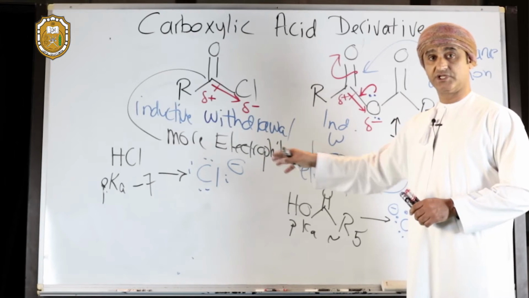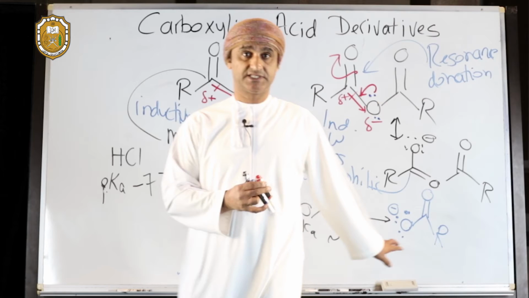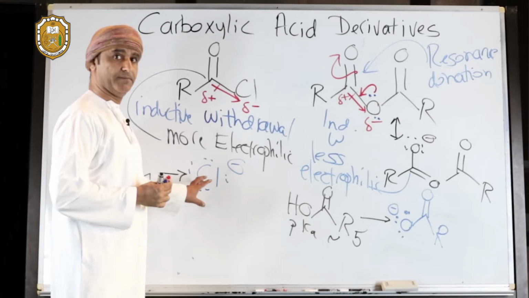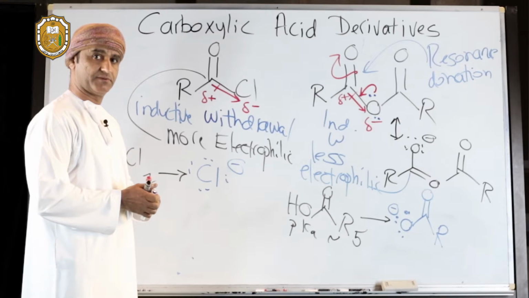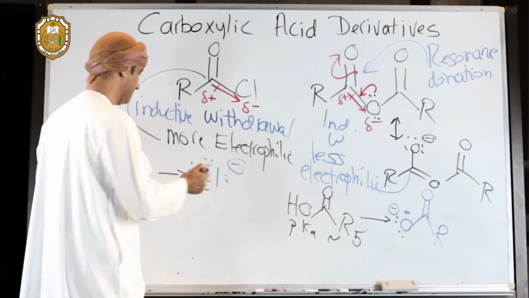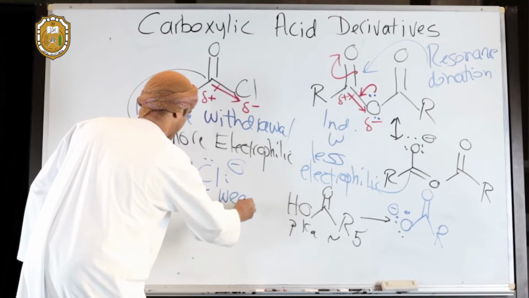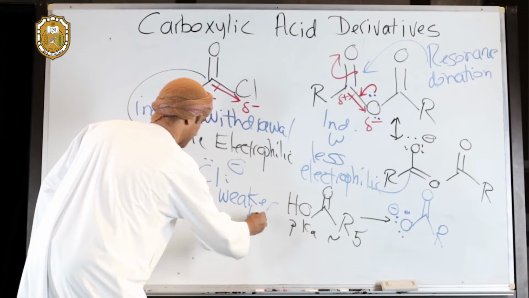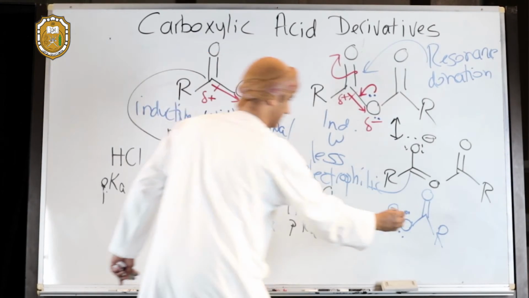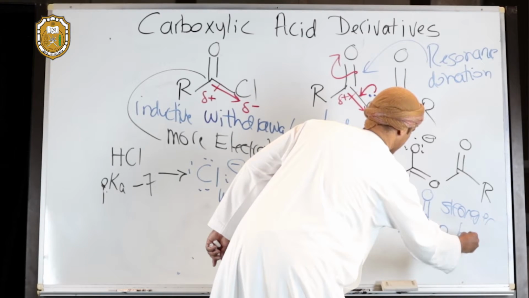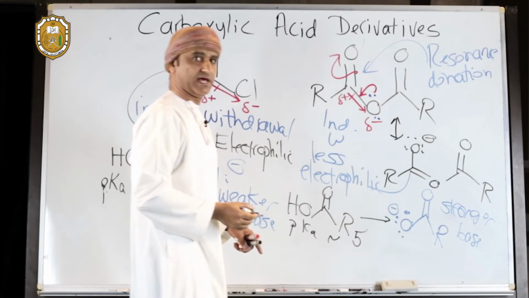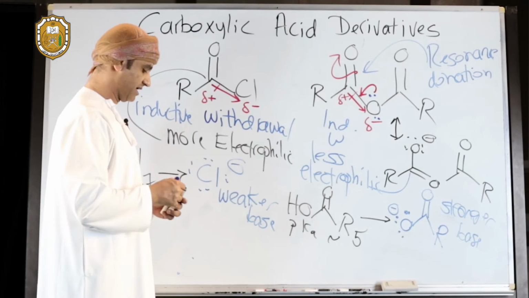Therefore, the conjugate base of HX, or HCl in this case, should be a much weaker base than the carboxylate ion. So this is a weaker base. This is obviously a stronger base, although it is stabilized by resonance, but it's a stronger base.